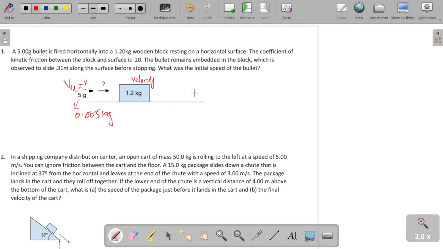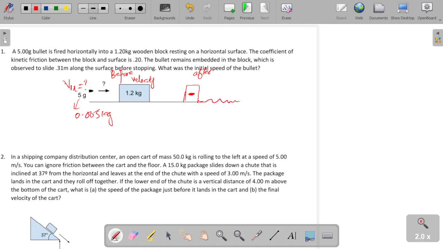Finally, this is the situation which I have explained before. This is what happens before and after the collision. The bullet remains embedded, meaning it remains inside the block. So the bullet will impart its momentum.